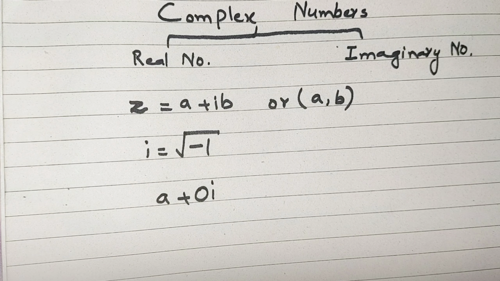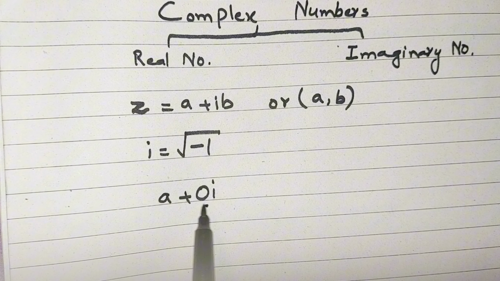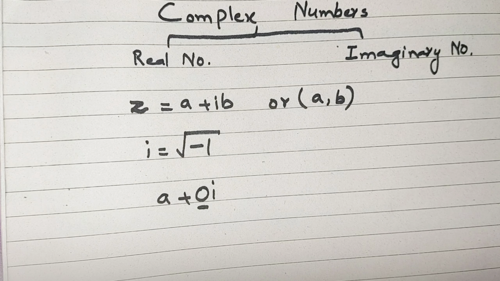What does that mean? It means that every real number is a complex number with 0 as the imaginary part. Here A is the real part.